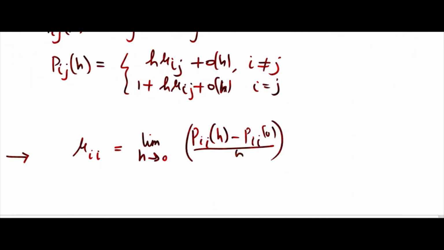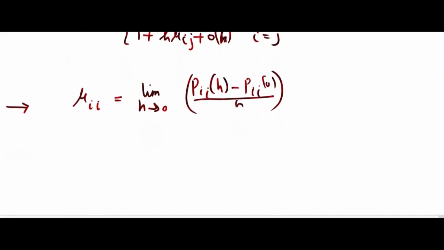Though we know this now, Pii 0, we need not write delta ij. Even delta ij is also not required, but whatever way it is, I've written. So this Pii 0, at 0 time going i to i, that is 1.